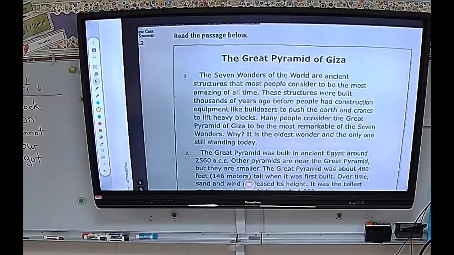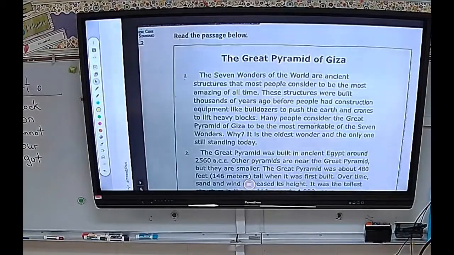All right, let's move on to paragraph 2. Who wants to read paragraph 2? Caleb, will you read paragraph 2? The Great Pyramid was built in ancient Egypt around 2560 BCE. Other pyramids are near the Great Pyramid, but they are smaller. The Great Pyramid was about 480 feet, 146 meters tall.